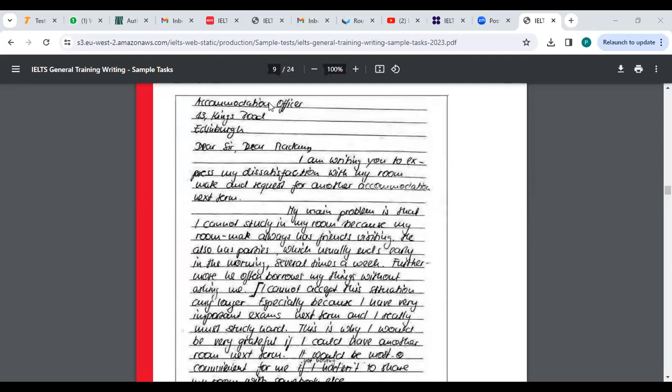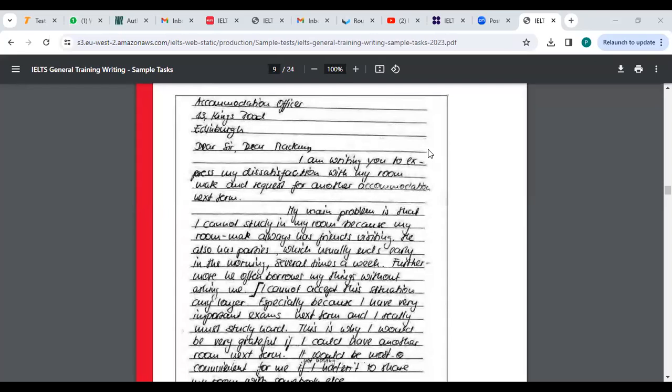There are places where he was supposed to put commas, but commas didn't come, and in other places he used capital letters instead of small letters. In "cannot accept this situation any longer," there should have been a comma before "especially," and then he wrote it with a capital letter. Okay.